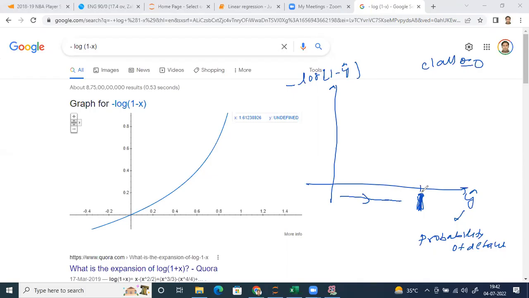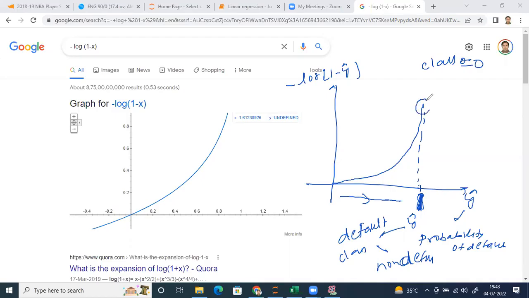Or we can say there are more chances of error. Because your actual class should be the non-default class, the zero class, but your probability is saying no, it belongs to the default class. So the higher the probability is, the higher your cost function should be. Your cost function should be maximum when your probability is 1. When the probability is 1, it is saying it belongs to the default class, but the actual class is the non-default class, and hence in this case your cost will be maximum.